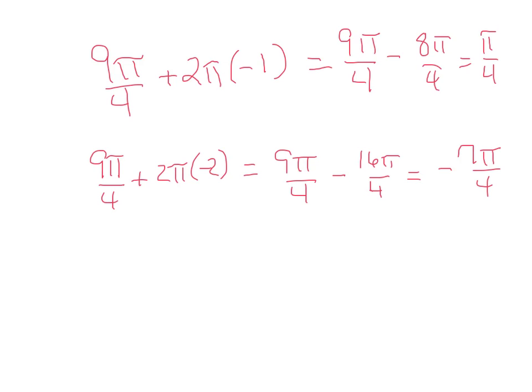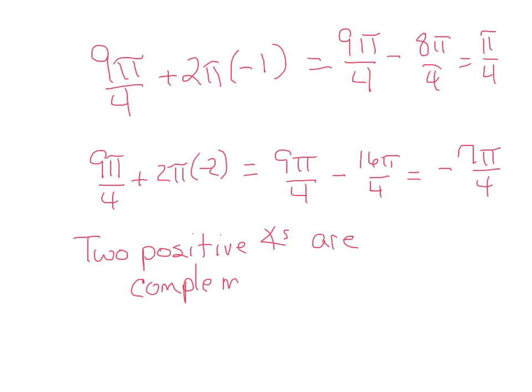Complementary angles, which we talked about in geometry, but we have to think about it a little bit differently in trig. Two positive angles are complementary if their sum is pi over 2.